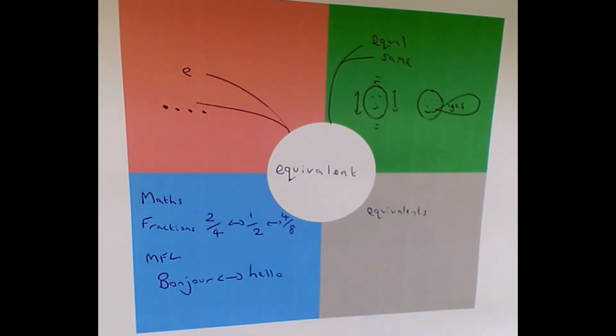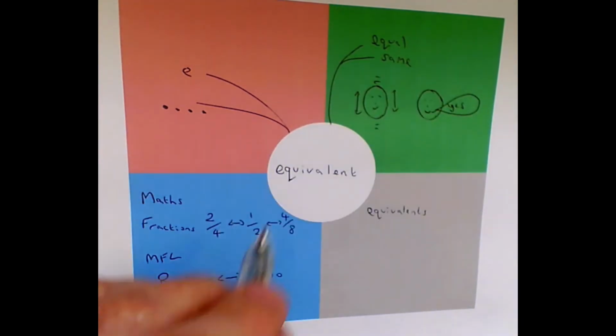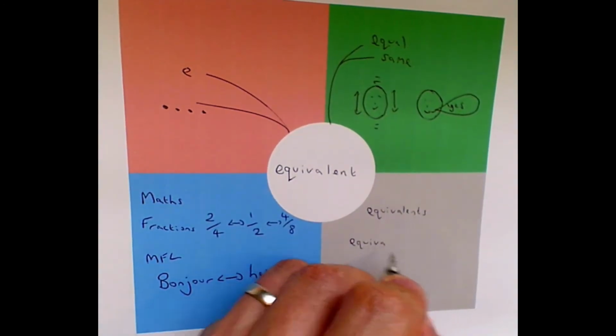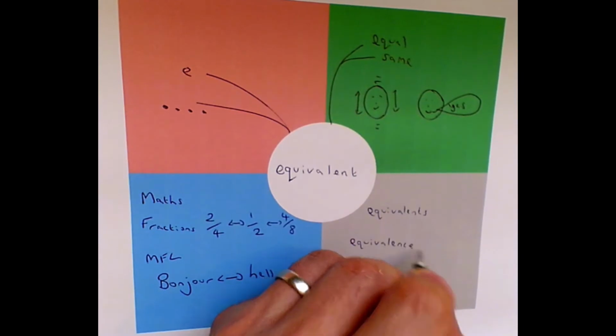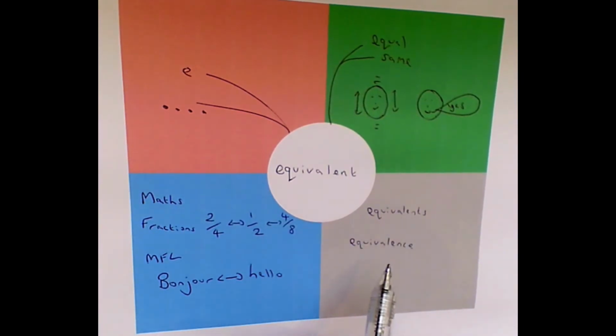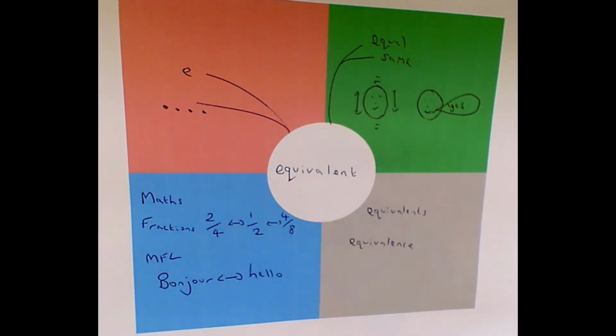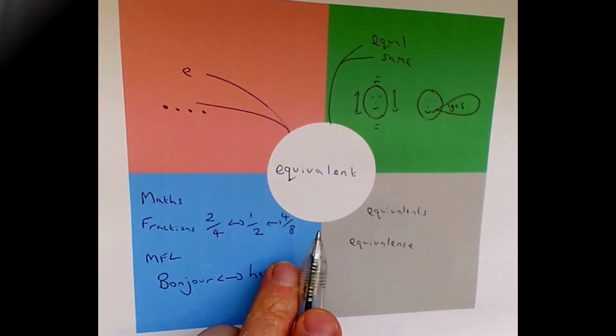You have equivalents, and if things are the same, if they're equal, we say they have equivalence. So that's another word you might read. It all means the same. It's all about things being equal. And there's our new style word map for equivalent.